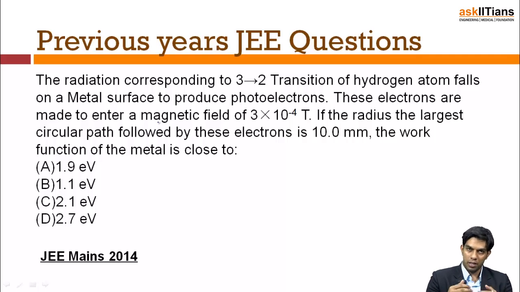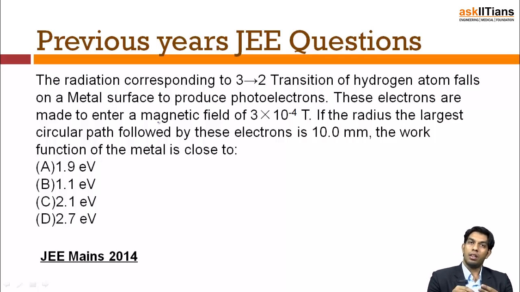So what we need to do is trace back, or trickle down. What I mean is there are 3 connected events. First, emission of photon through electronic transition. Second, these photons knock off electrons from another surface.